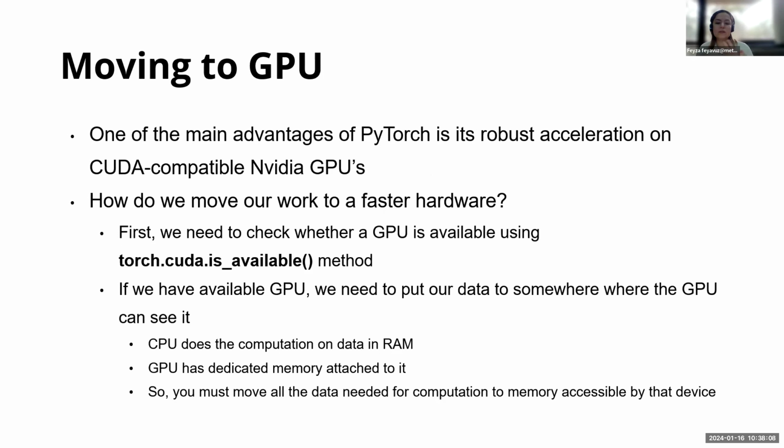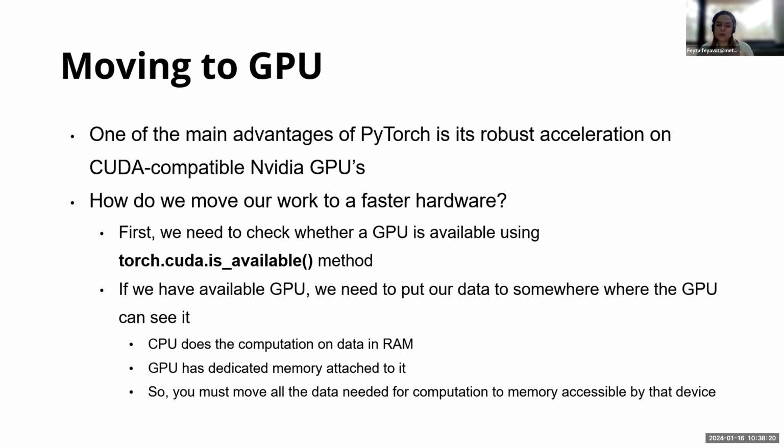First, we need to check whether or not we have an available GPU using the torch.cuda.is_available method. On our computers, we do not always have a proper GPU, so this is a crucial method for having a running environment.